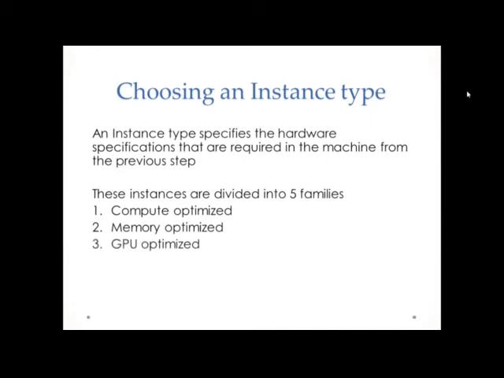GPU optimized. This is for setting up a gaming system and something with a large graphical requirement. Storage optimized. This is when we need to set up a storage service. General purpose, when everything is equally balanced. Instances are of fixed size and their configurations cannot be altered.